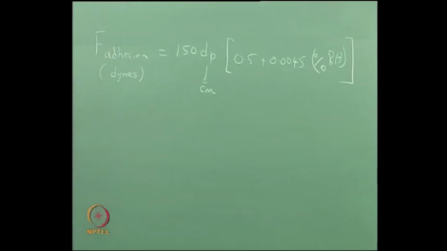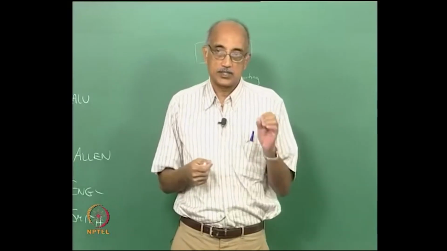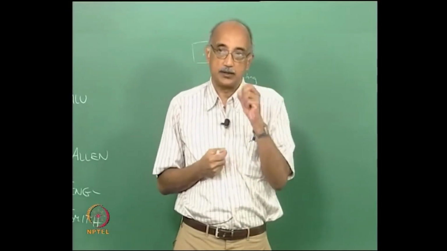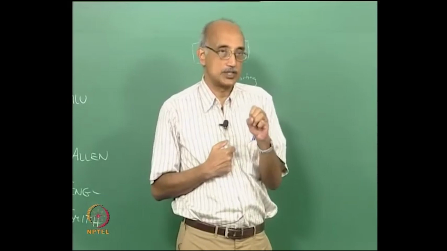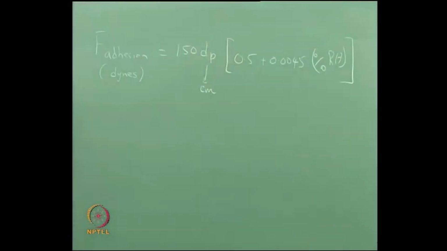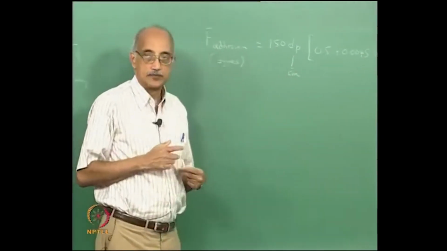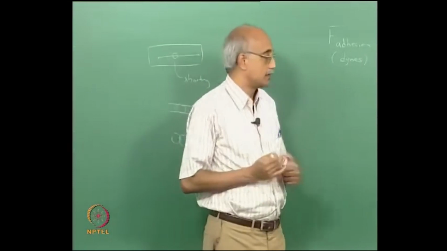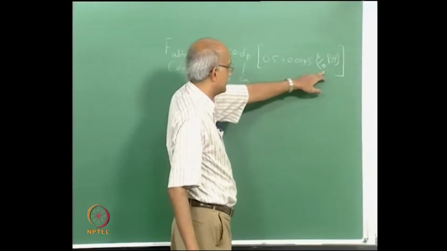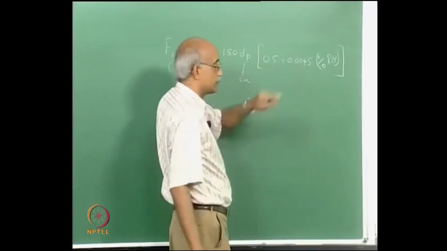Now, this is an interesting equation because it says that adhesion forces basically scale as particle size. In other words, the larger the size of the particle, the greater will be its force of adhesion to a surface, and it's basically a linear dependence. It also says that the relative humidity plays a huge role in this. In fact, when you go to 100% relative humidity, this term becomes comparable to this term.